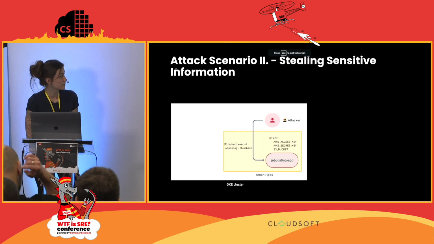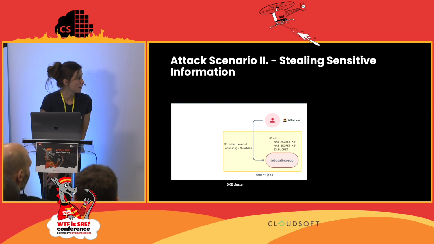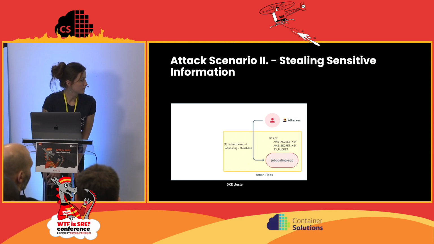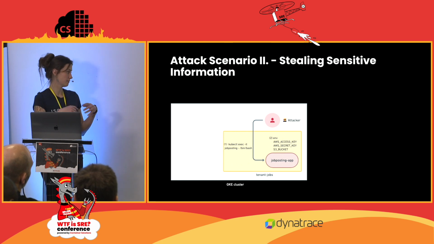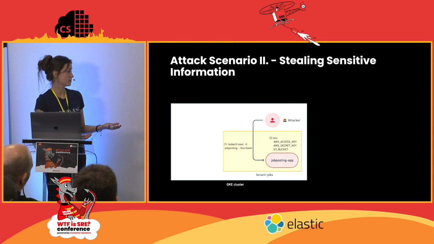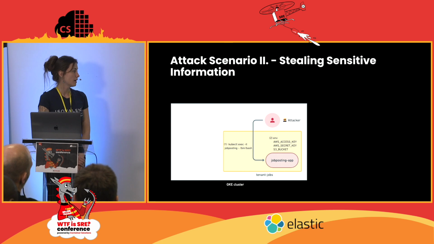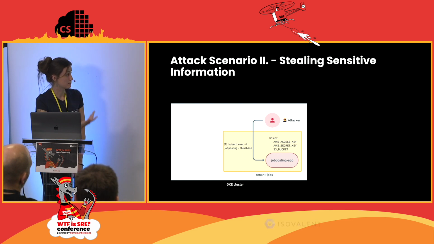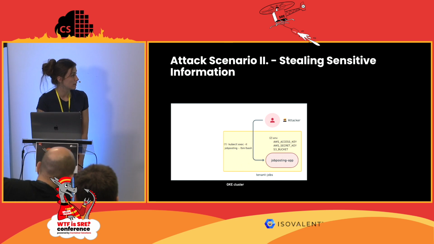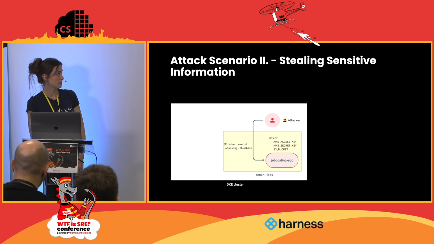So the second attack scenario will be, let's say I'm also a malicious employee and I'm operating this tenant jobs namespace, and I already have access to the job posting app, so I have kubectl exec. I will just start to explore around and run env.